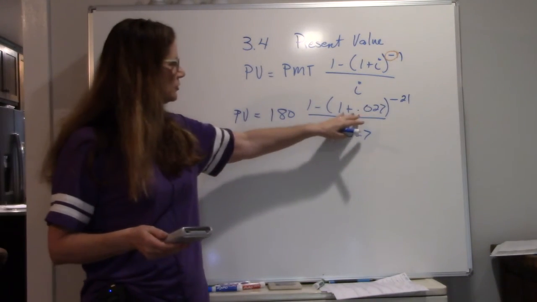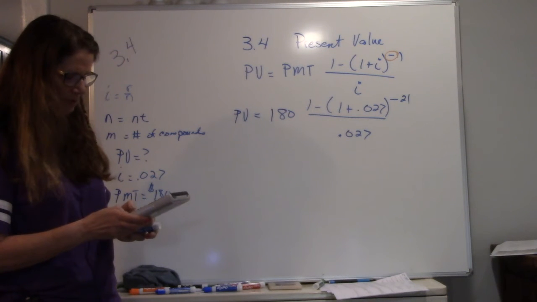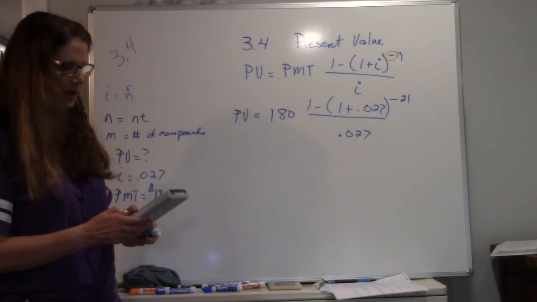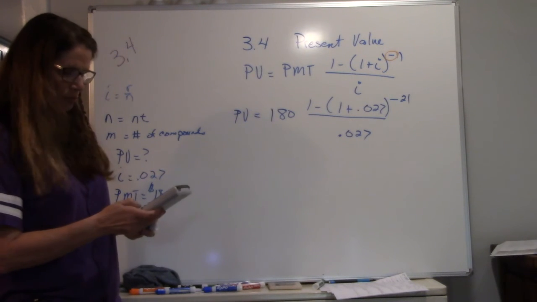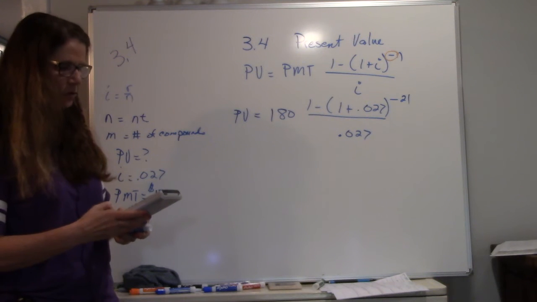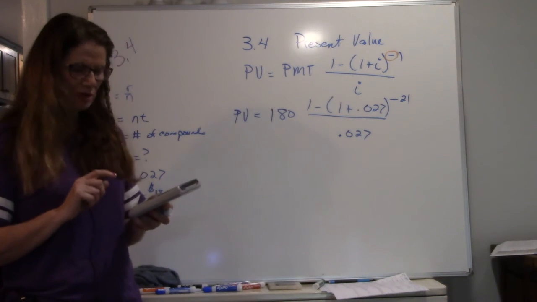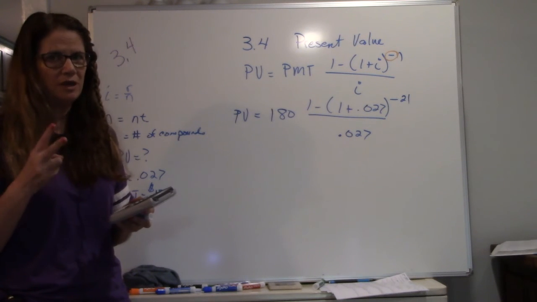Order of operation means I'm going to do what's inside the parentheses first. So 1 plus 0.027 is 1.027. Now I'm going to raise that, so you can use your hat key, to a negative 21. Make sure you use the negative key on your calculator, not the minus key. Two different things.